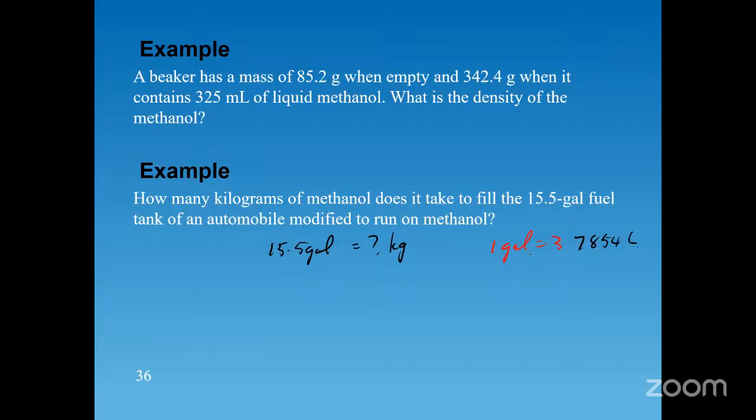So we can go from gallons to liters. We can go from liters to milliliters because 1,000 milliliters is equal to 1 liter, all right?